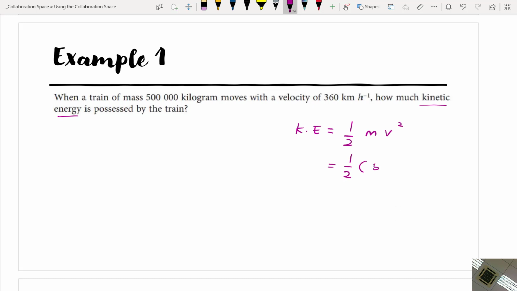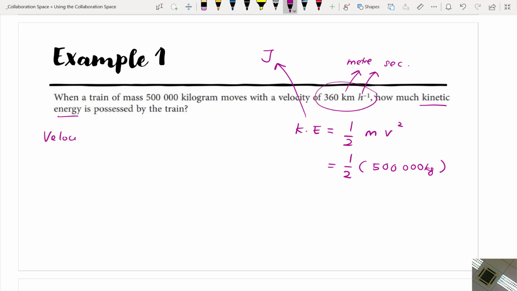We have the mass, which is 500,000 kg, but we don't know the v. We know the v, however the v is not in SI unit, so we have kilo here. We have hour. We have to change this one into second, and then this one into meter, because kinetic energy is in unit joule.